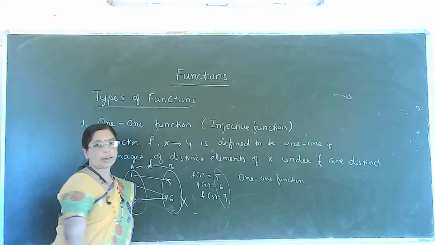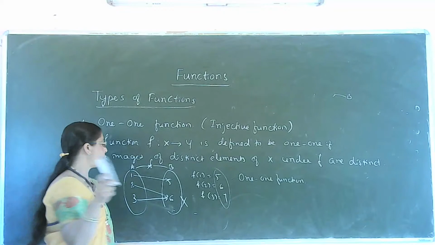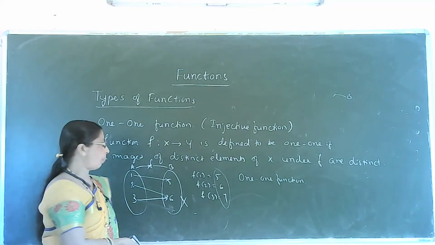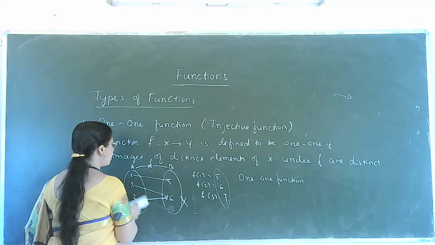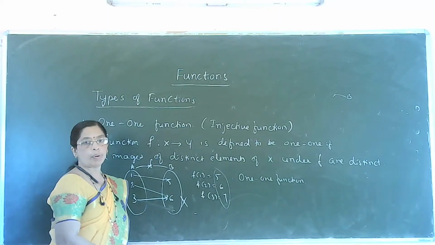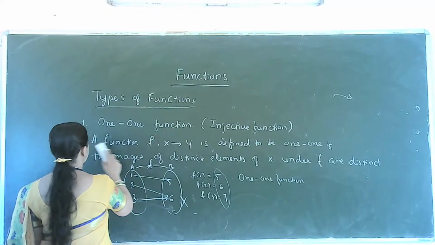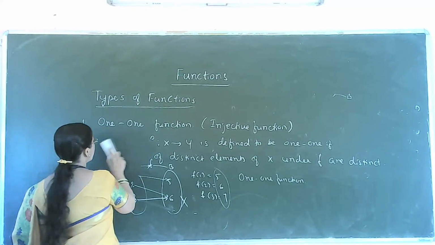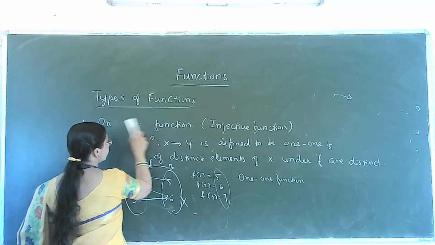It's not a one-one function. It's a many-one function. Many elements have the same image, therefore it's called a many-one function.